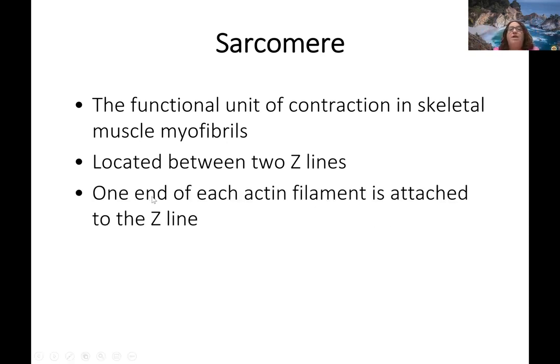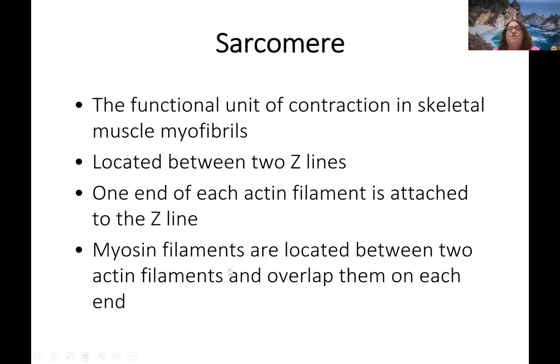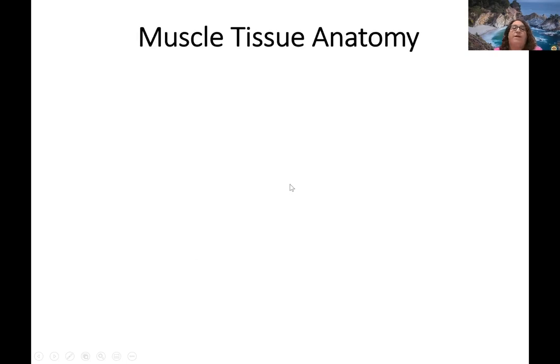At each end, we attach the actin filaments to a Z line. The myosin filaments are lined up in the middle between the actin filaments, and so they overlap. Like I said, this is ultimately what makes that banding pattern for the striated muscle.